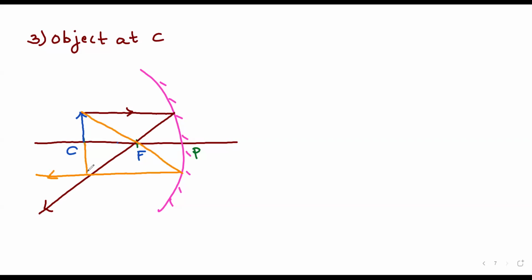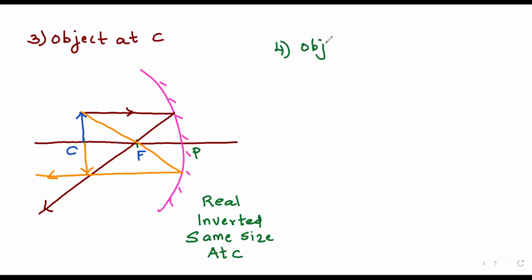So you will see that almost you will get it at the same C. So is it meeting after reflection, children? Of course. So it is a real image. Real images are inverted. And this image, you will get it as the same size. And where is the image, children? At C.